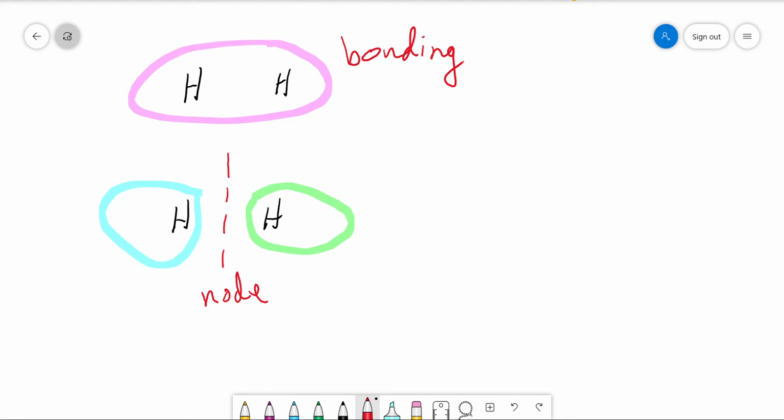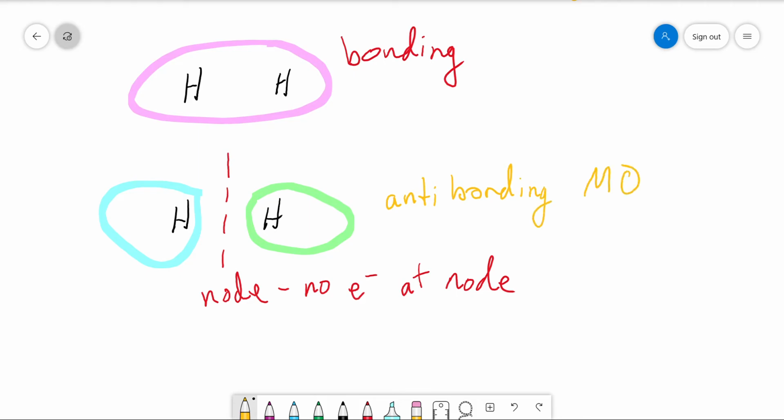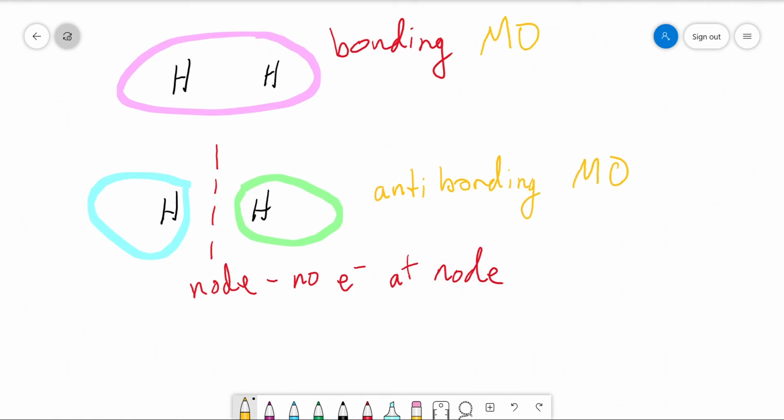Okay, and at the node there can be no electrons, just like a node was previously. We more typically say there's no electron density or no electron probability being there, but you get the idea. And this is what we call an anti-bonding molecular orbital. These are both molecular orbitals. Okay.